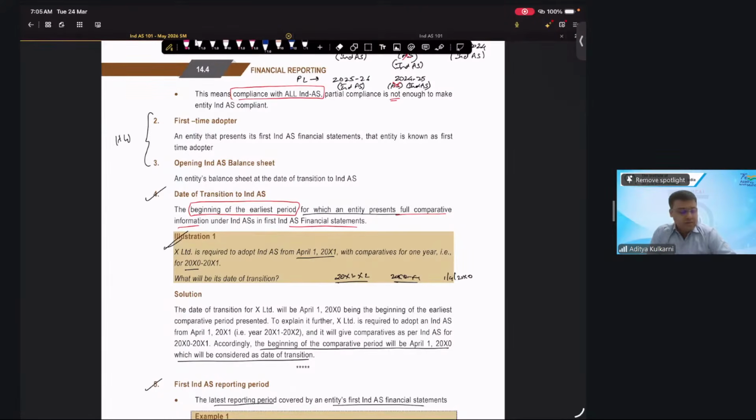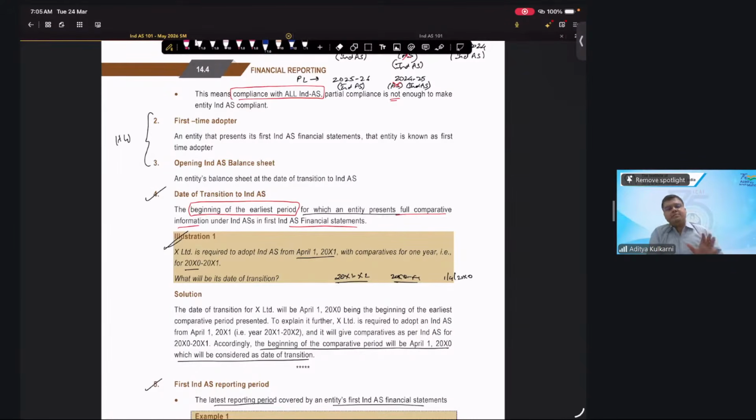Now the second definition that we have is, what do you mean by date of transition? The beginning of the earliest period for which an entity presents full comparative information under Ind AS in the first Ind AS financial statements.